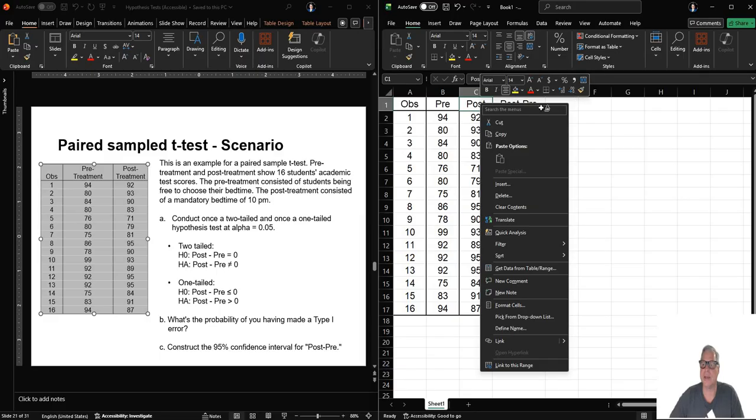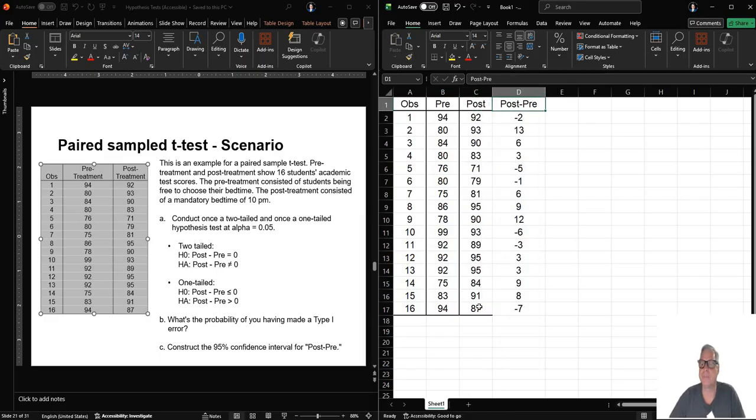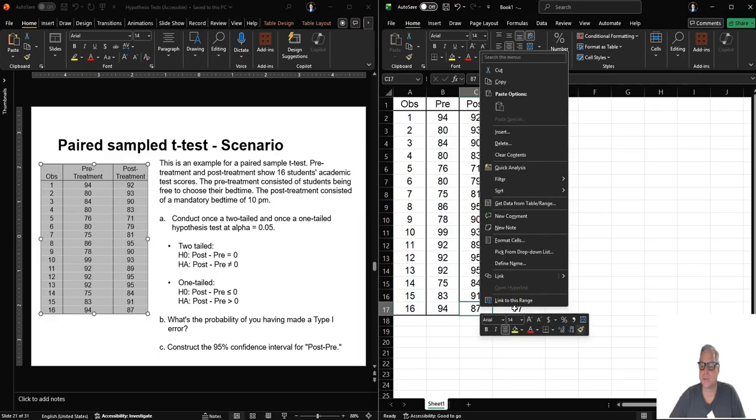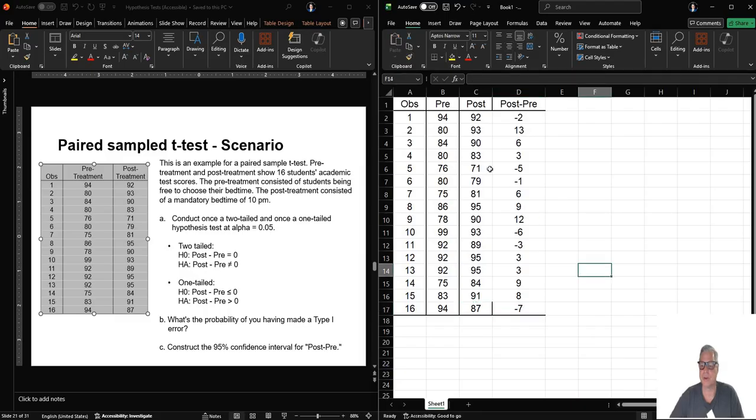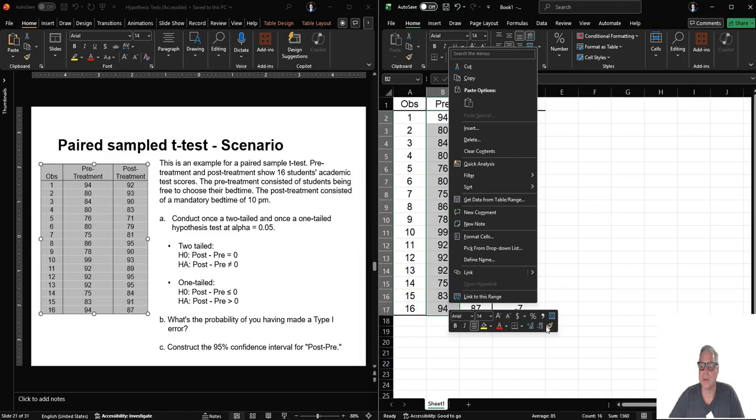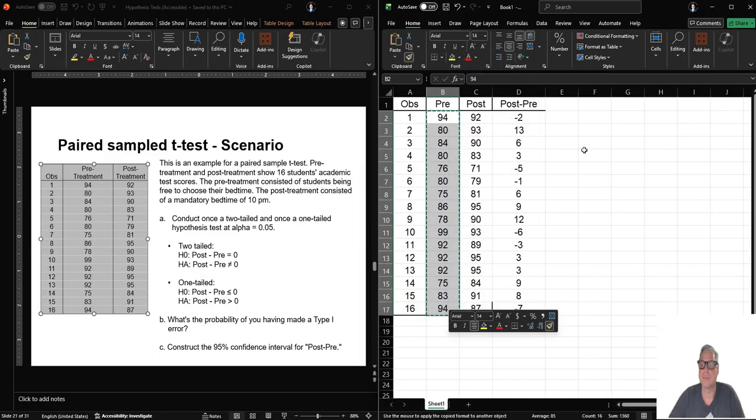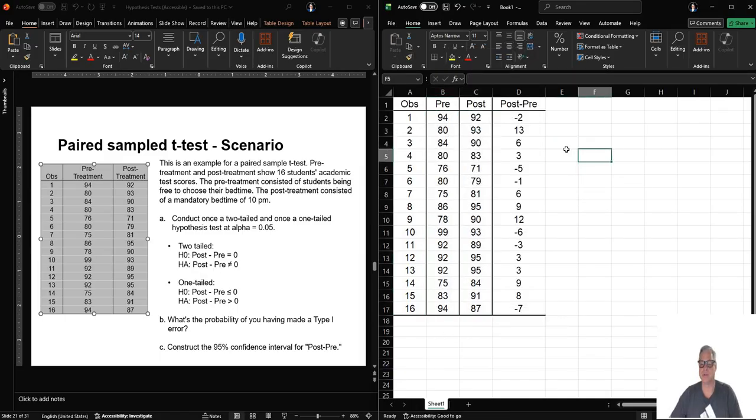Now I need to copy this one quickly. Okay, now it looks nice. For the second student, it seems it had a good effect, and also for the third and the fourth. So it's a mixed bag.